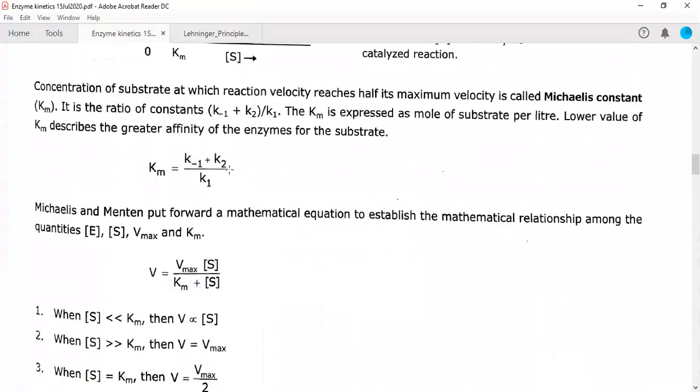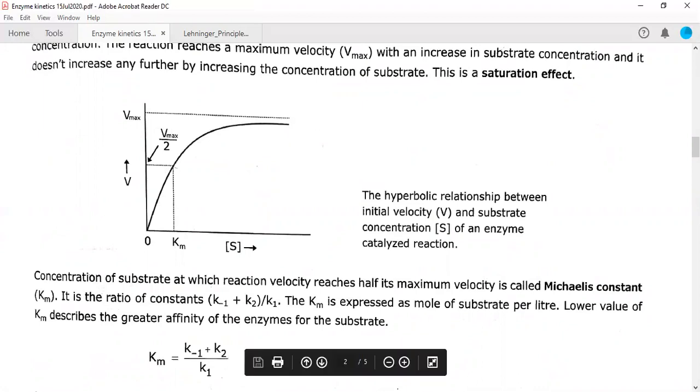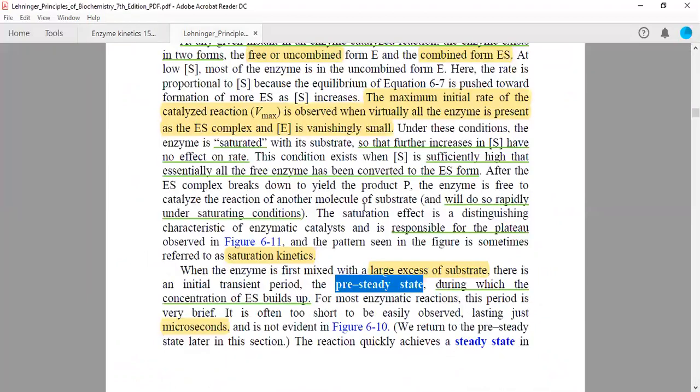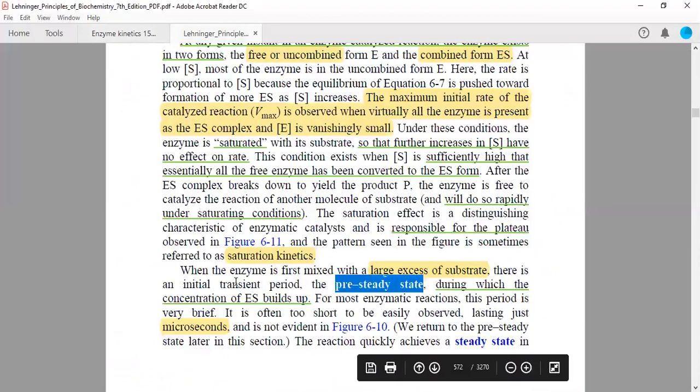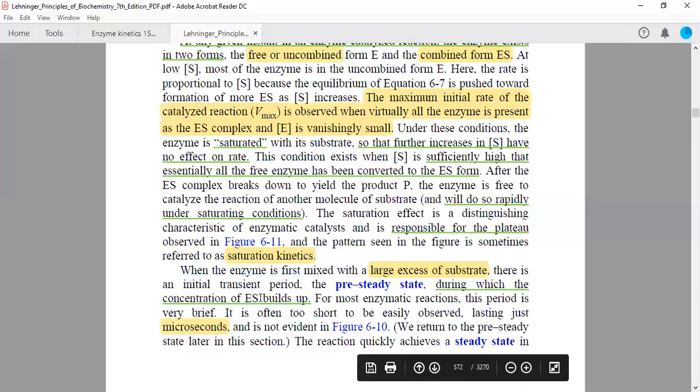This particular time is pre-steady state, because when the steady state is reached, the enzyme substrate complex is formed and will remain constant for most of the reaction. So this is called pre-steady state, the initial transient period of any enzyme catalyzed reaction, during which the concentration of enzyme substrate starts building up.